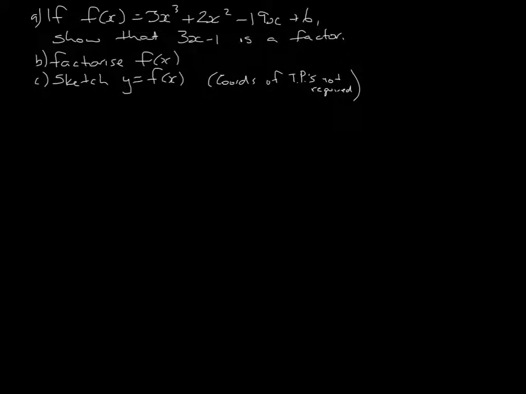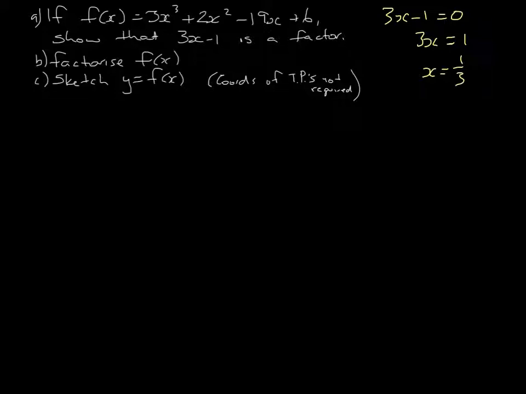So firstly, looking at showing if 3x minus 1 is a factor, I'm going to set 3x minus 1 equal to 0. I'm going to rearrange this to work out what x is equal to, so we add 1 to both sides. 3x will be equal to 1, then we divide both sides by 3, which gives us x is equal to 1/3.